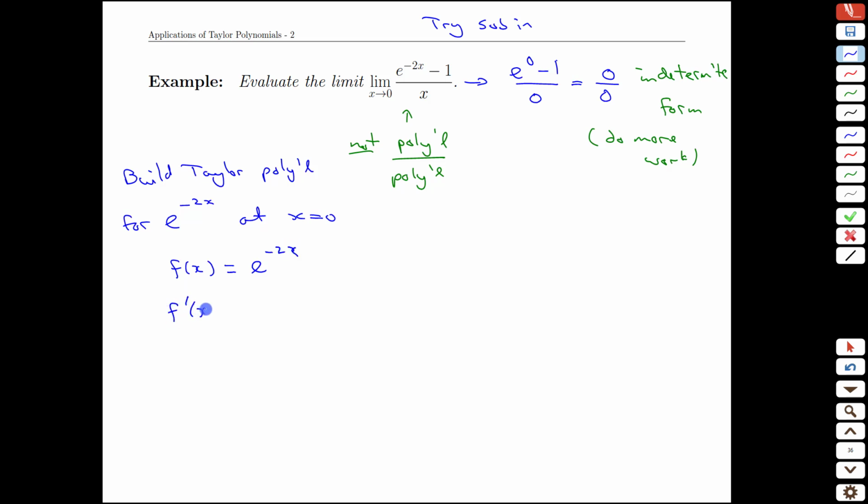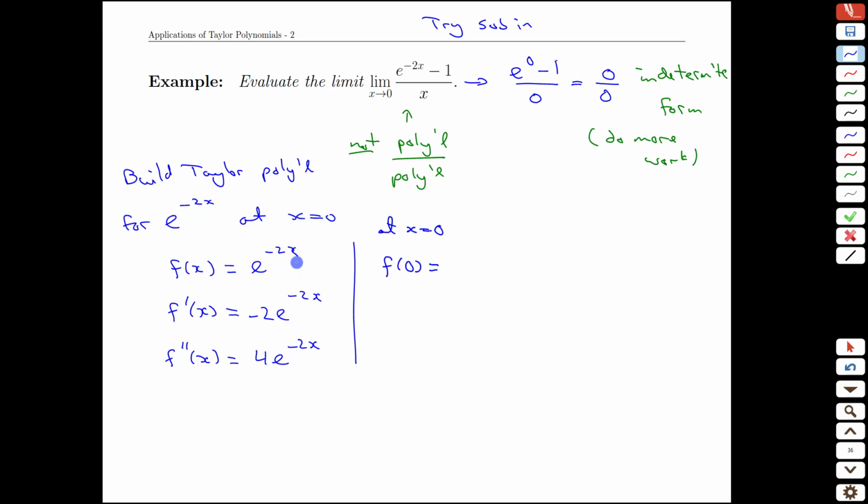We'll try the quadratic and see if that's enough. We'll take the derivative, negative 2 e to the negative 2x. Get a second derivative. That will be negative 2 again, so it'll be plus 4 e to the negative 2x. We need all of these evaluated at x equals 0.